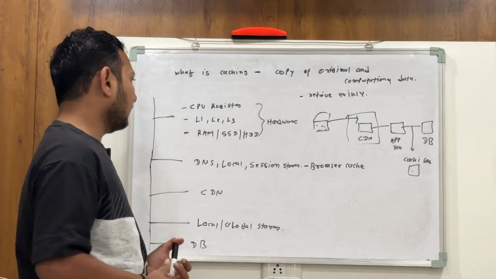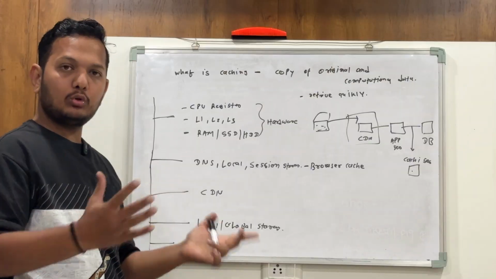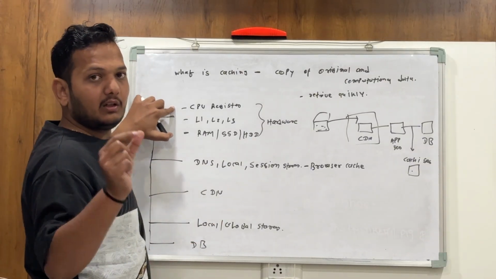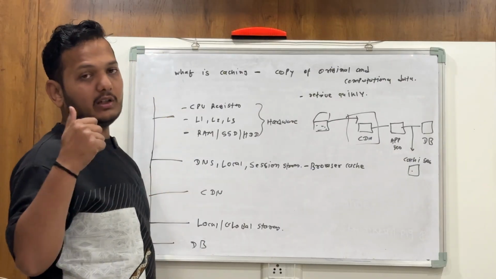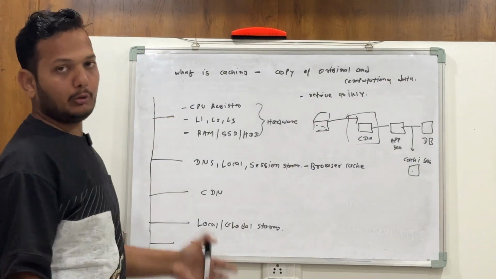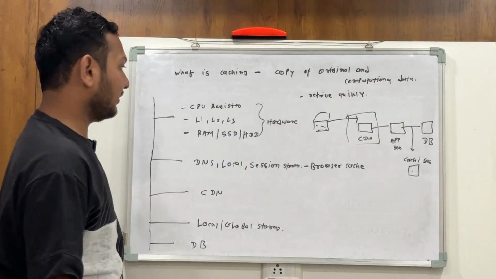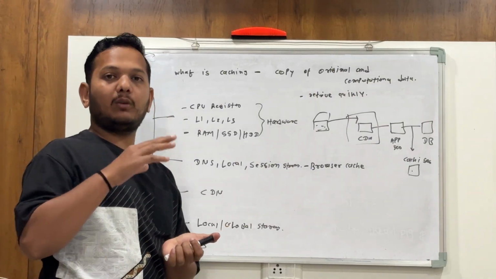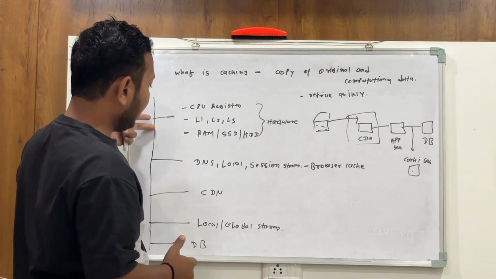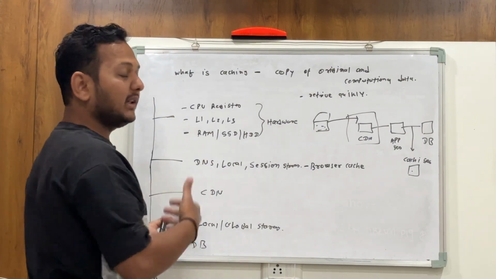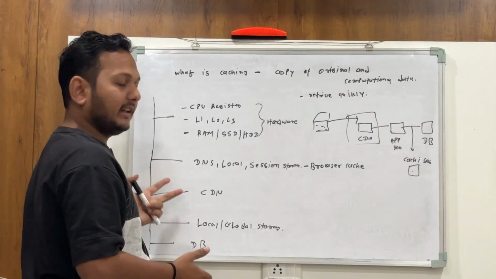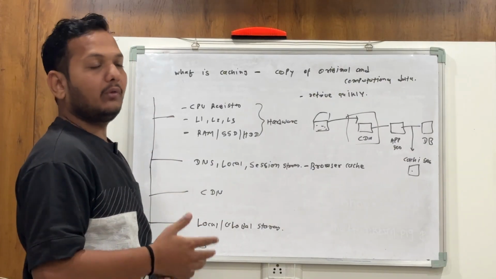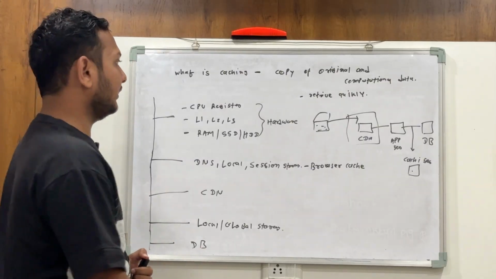Some of the storage is very huge but very slow, and some of the storage is very small in size, but it is very fast. It will compute the data in nanoseconds, right? So if we hit a request from the browser, there are multiple layers where we can cache the data. In the real world there are multiple caching layers present, right?